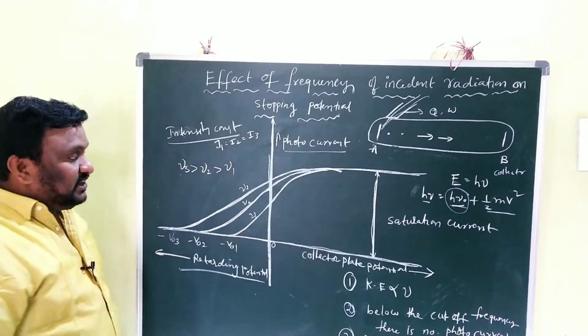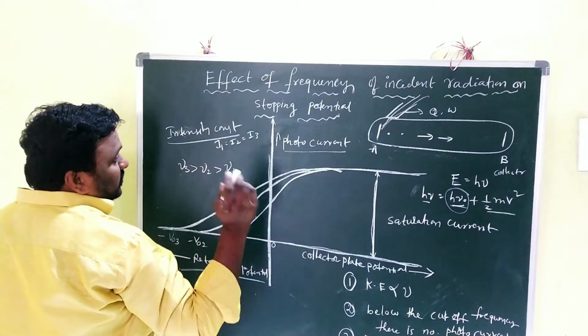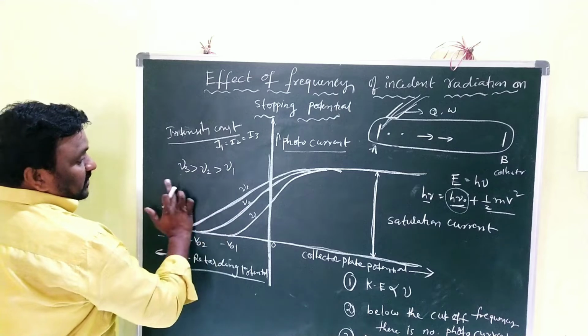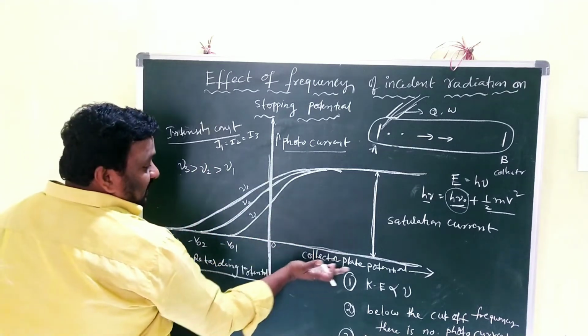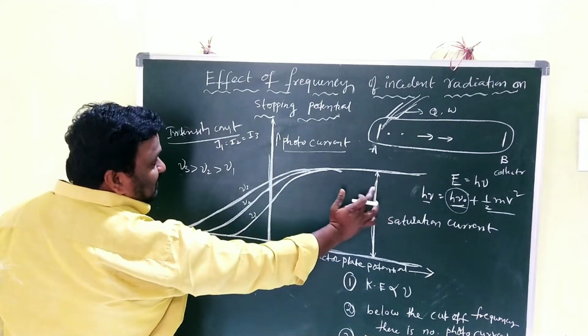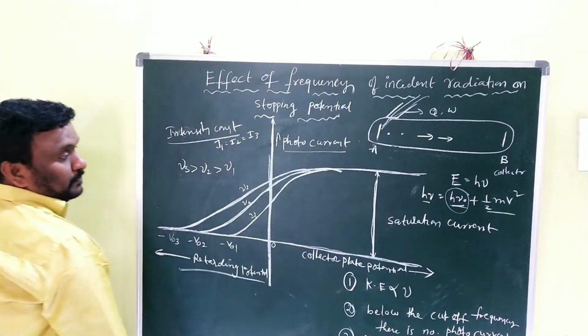So children, from this graph, the first thing we are measuring is that intensity is constant but frequencies are different. When the collector potential is increased, they have the same maximum current, which we call the same saturation current.